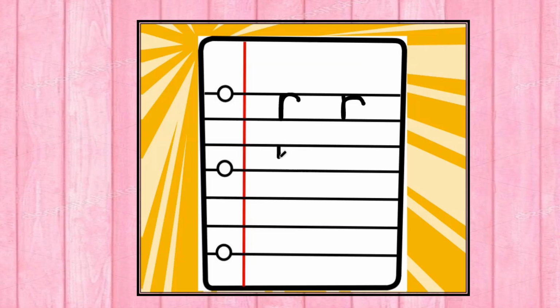No need to remove your pencils. Just go with the flow. Go down, go up, and turn a little. R. The letter name is R.